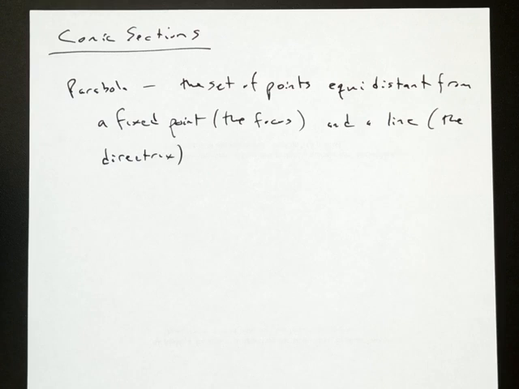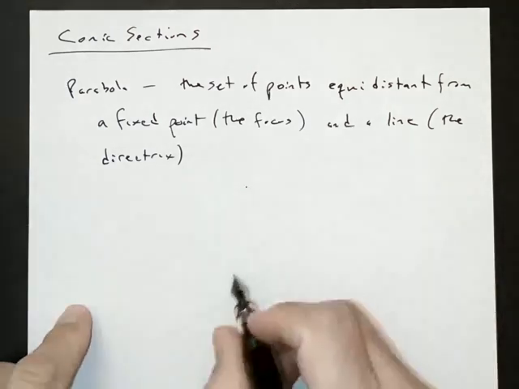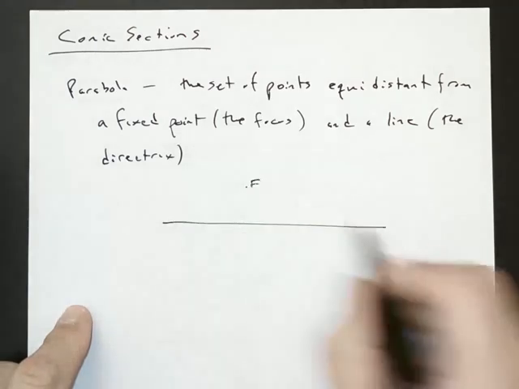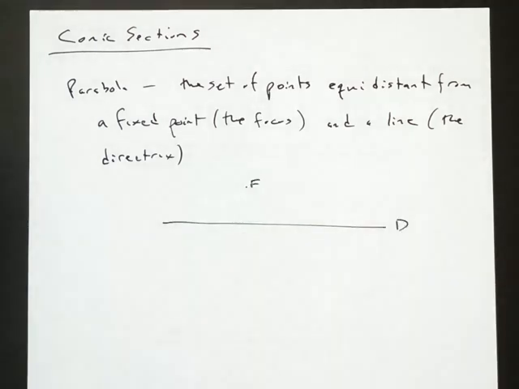It's important. So I can take this definition. I say, okay, I've got some point and some line, and I want the set of points that are the same distance apart from each of those two things. And what I can do is I can say, all right, well, I know at least one point has got to be in there.